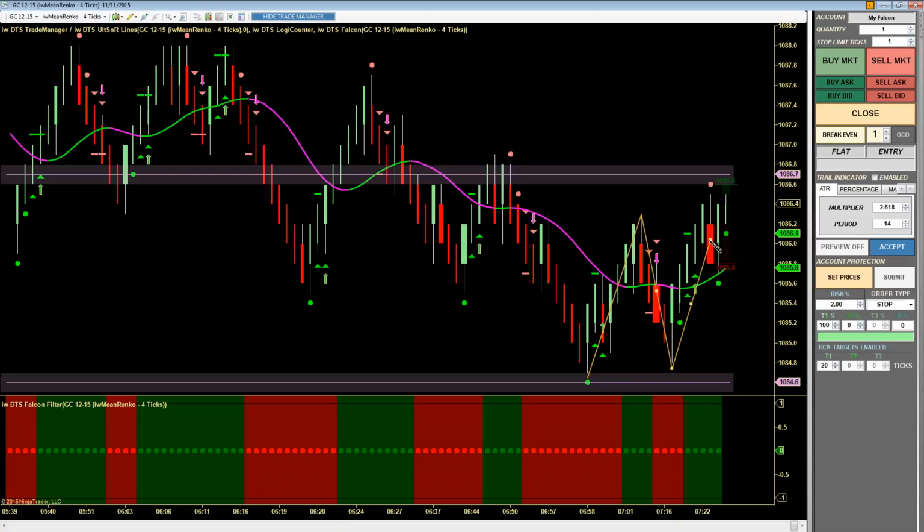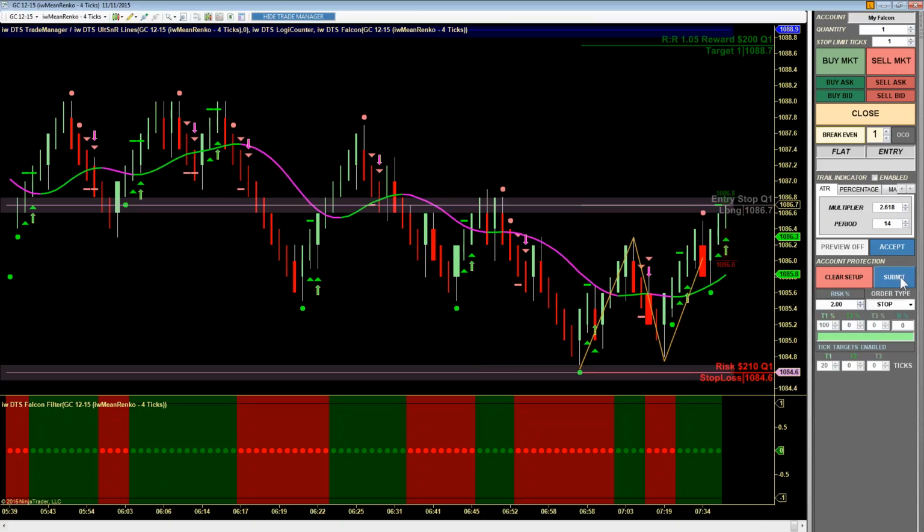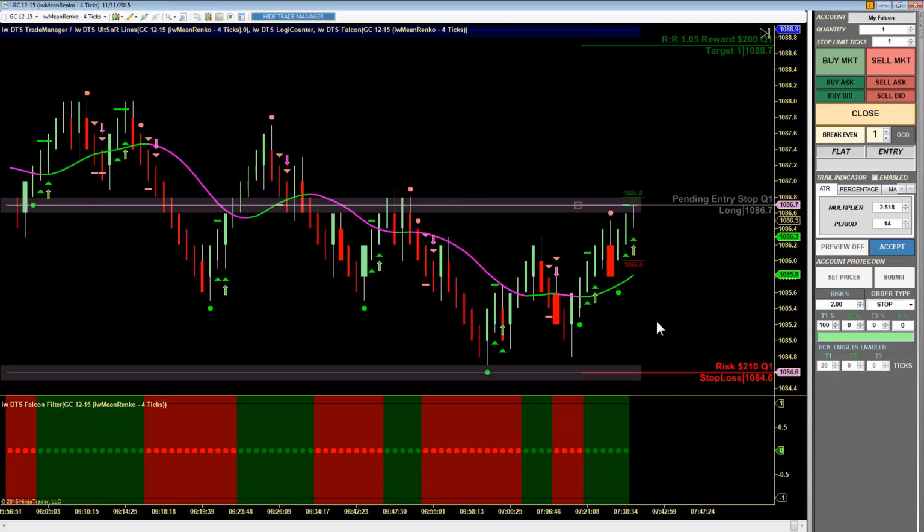Now we're coming up. We're producing our warning dots. I'm going to anticipate that the hash mark, oh, well, there's the hash mark right there. So we might be a little premature here, but price is backing off a little bit.